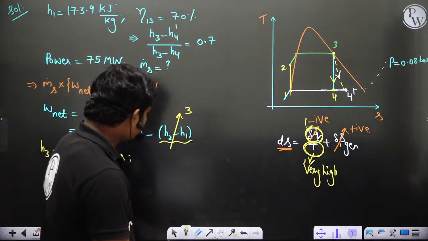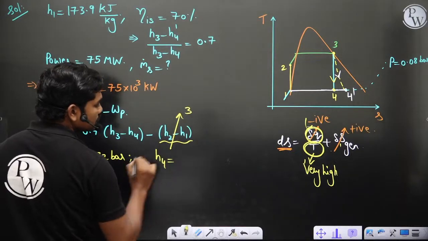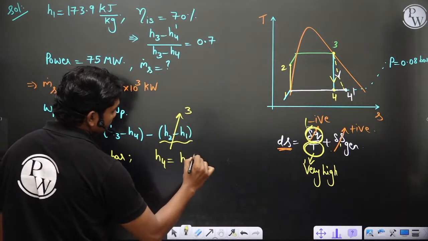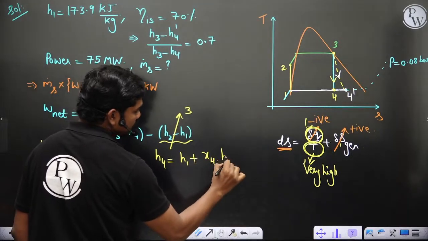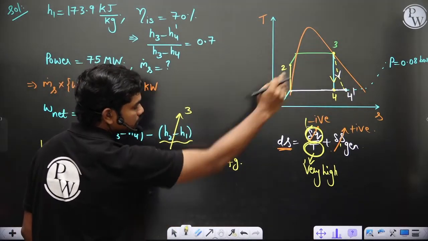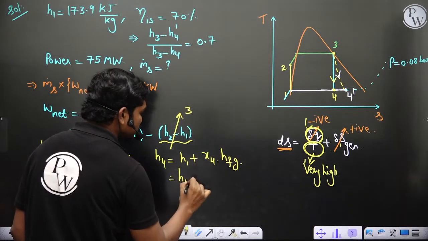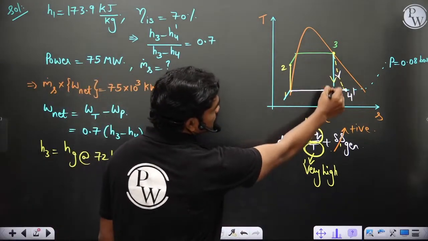Okay, now let's see H4. How to calculate H4? H4 is equal to H1 plus dryness fraction at state 4 into HFG. Of course, everything at 0.08 bar. Now how to calculate X4? That's the main story. This process 3 to 4 is isentropic.